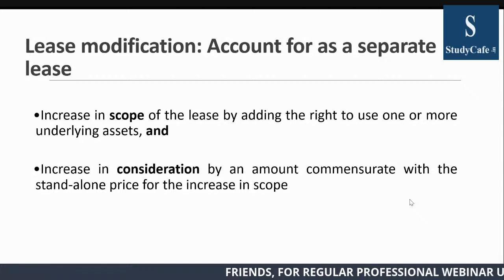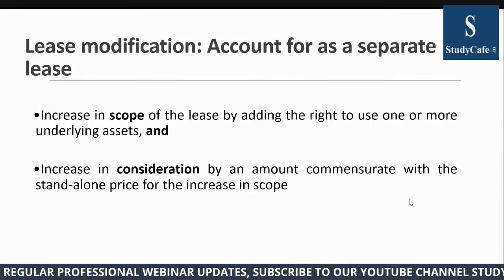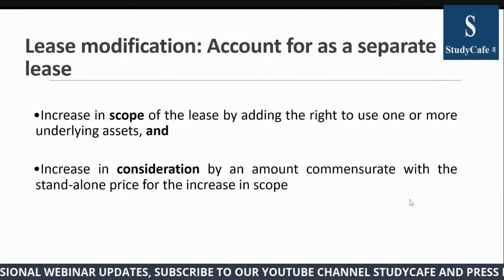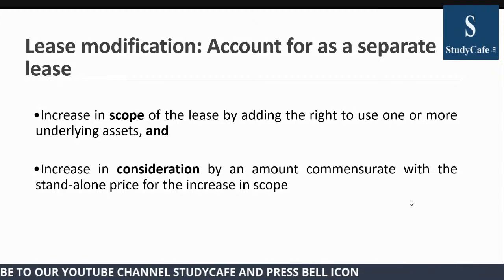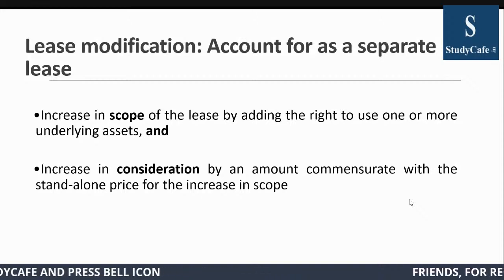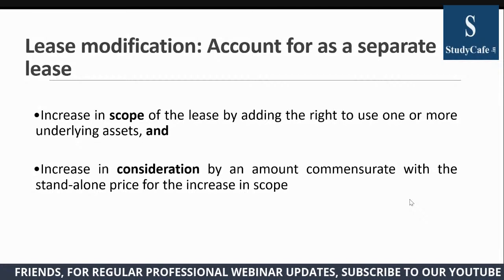So now the lessee has a total of five machineries, but for the fifth machine that the lessee has got, the consideration is related to the standalone price or the market value of that machinery, right? The rental payments for that machinery are equal to the market value or near to the market value.